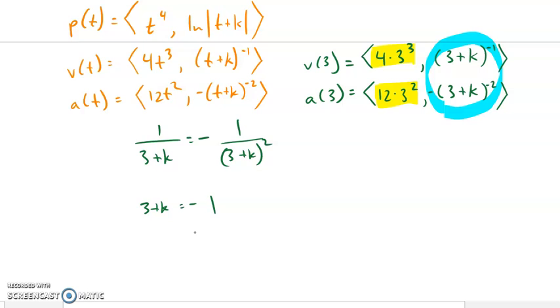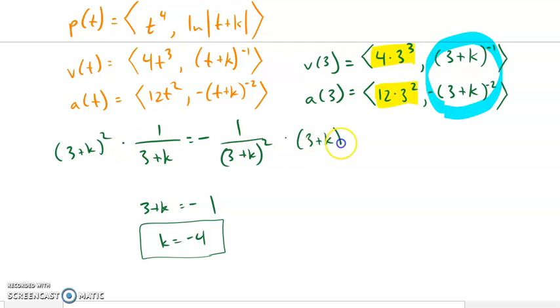Now that seems a little bit odd because we're supposed to get 2 answers. Oh, yeah, actually, I see where I'm going with this. All right, so if we do that, then we actually only get 1 answer, k equals -4. That's if we multiply both sides by 3 plus k.